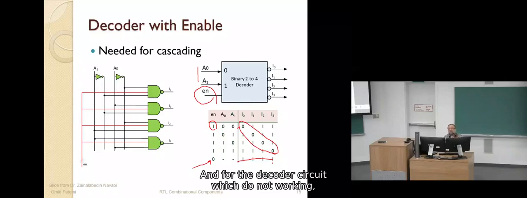For the decoder circuit, not working means that the output is not active. It's 1 for everything. So this is the meaning of not working. When enable is not active, the decoder doesn't work. It doesn't look at your inputs. It always outputs 1.